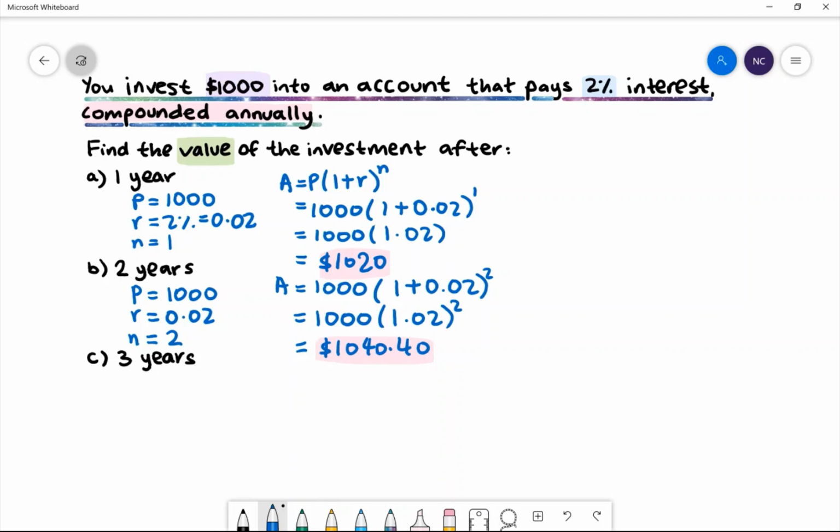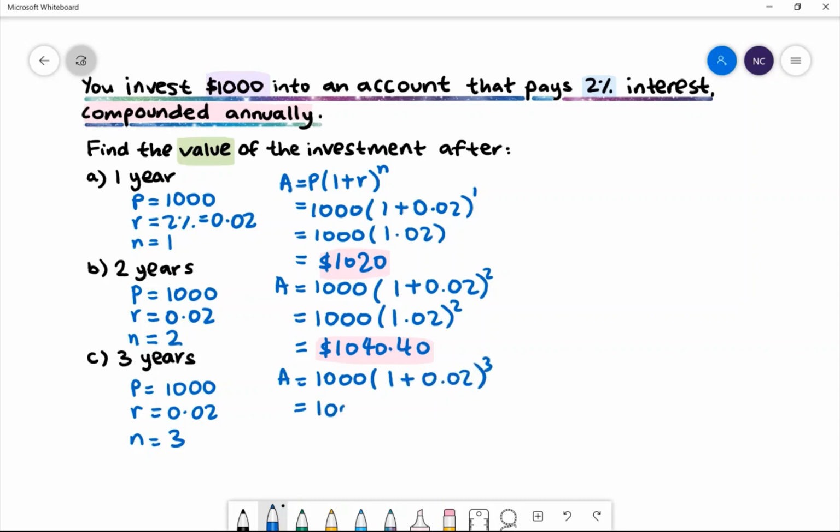In part C, we want to find the value of the investment after 3 years. Our principal amount is still the same, which is $1,000. The rate is 0.02. The number of years has now changed to 3. The amount after 3 years will be given by $1,000 multiplied by 1 plus 0.02 to the power of 3.